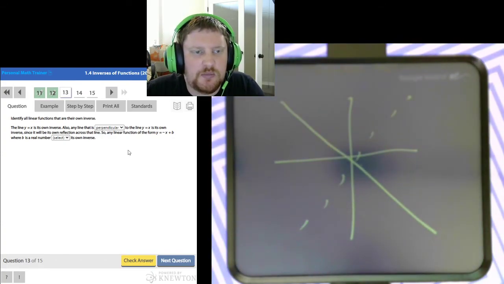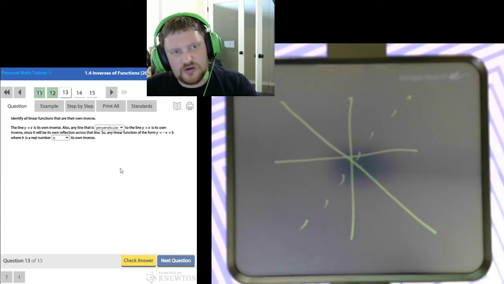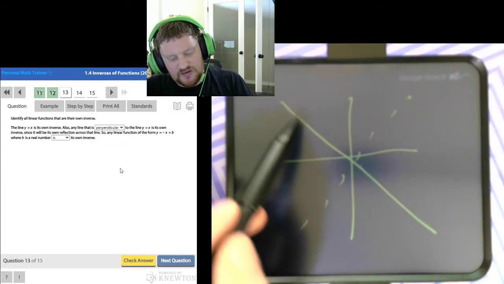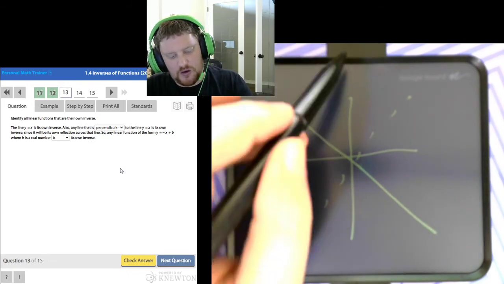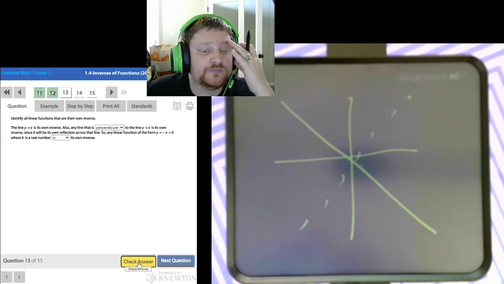So we need it to be perpendicular to the line, since it will be its own reflection across that line. So any linear function of the form y equals negative x plus b, where b is a real number, is its own inverse. So as long as the slope of the line is negative 1, it doesn't matter what the y-intercept is, it will be its own inverse.